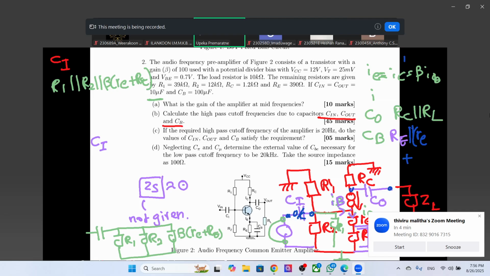If we want to rewrite this in terms of IE, this is IE divided by beta. So RE parallel to (simple RE plus R1 parallel to R2, divided by beta).